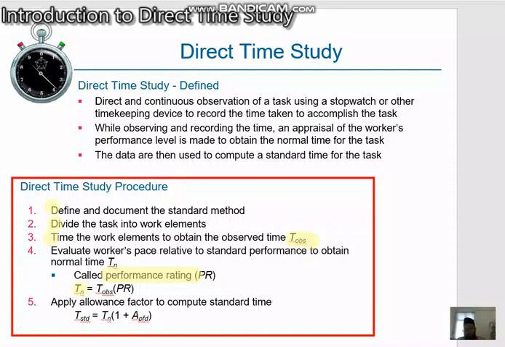In steps 3 and 4, several work cycles are timed, each one performance rated independently. Finally, the values collected in steps 3 and 4 are averaged to determine the normal time. And the last procedure is to apply the allowance factor to compute the standard time. An appropriate allowance factor for the kind of work involved is then added to compute the standard time for the task.